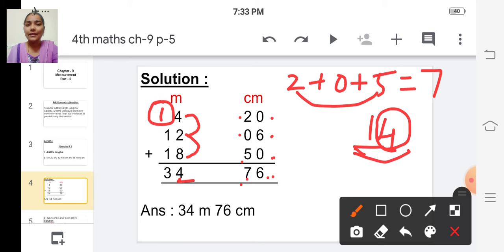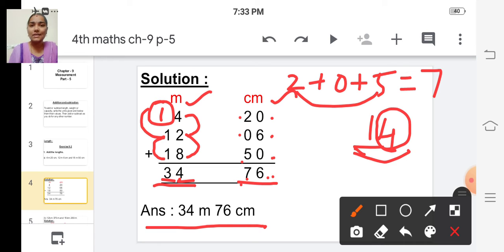Now 1 plus 1 is 2, and 2 plus 1 is 3. So the answer is 34 meter 76 centimeter. It's just like a normal addition, the only thing is you have to separate the units.